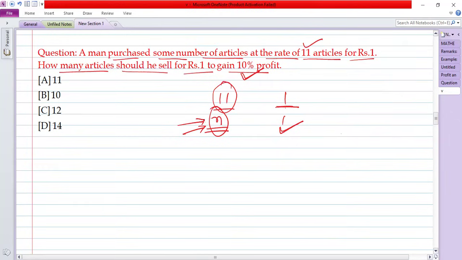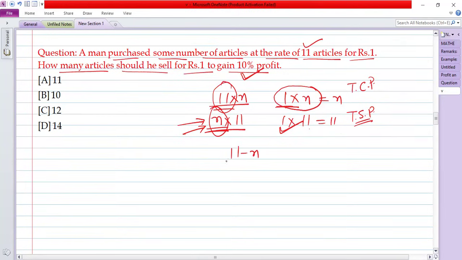I mentioned that we have to make the number of articles the same. So here I multiply by n, and here I multiply by 11, so the number of articles are the same. Now this n is the total cost price, and this 11 is the total selling price. So the difference 11 minus n is the profit amount.